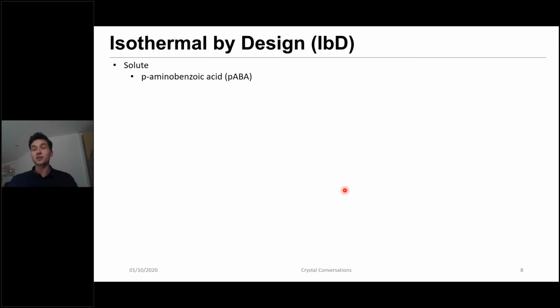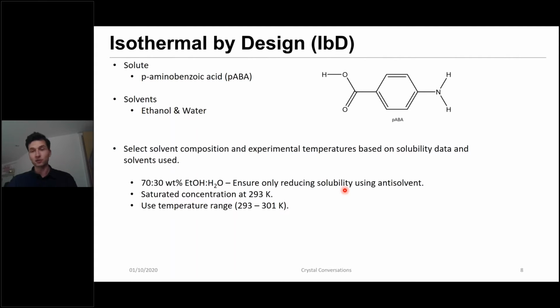So getting to isothermal by design, using the same system, PABA, using ethanol and water again, but this time a mixture, and we're using water also as an anti-solvent. In order to do this, you have to understand the solubility over the range of compositions, in this case from ethanol all the way to water, and select your composition based on this. So I selected a composition of 70 to 30 weight % ethanol to water.